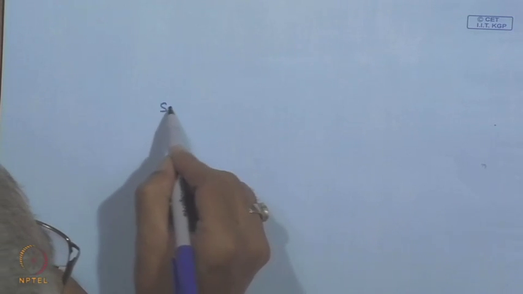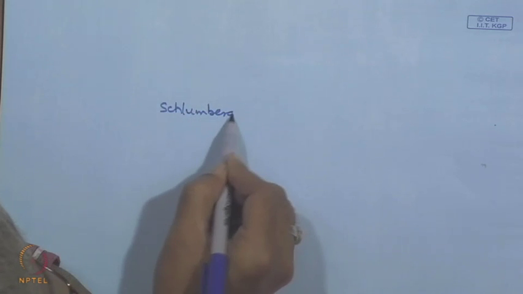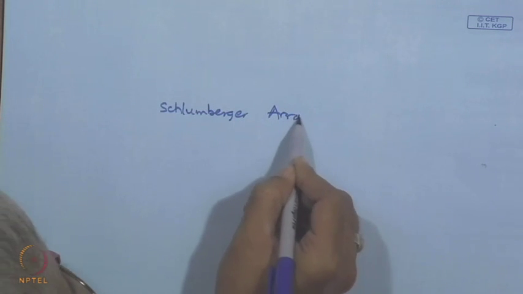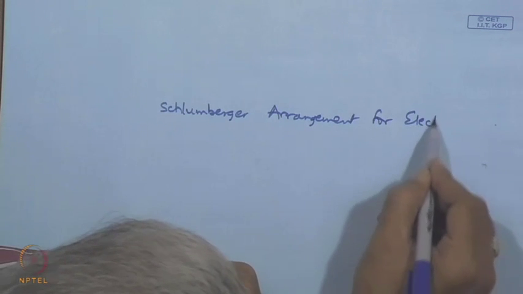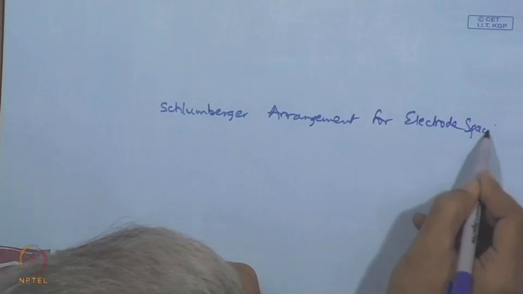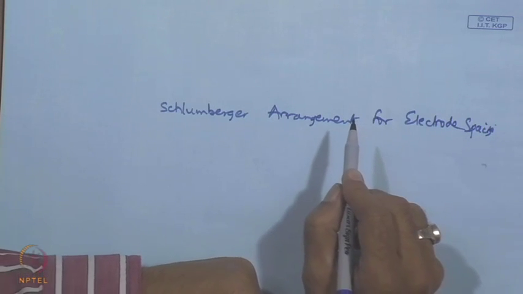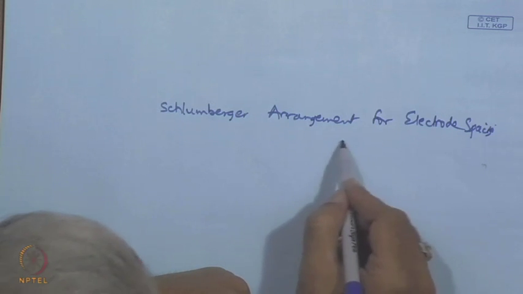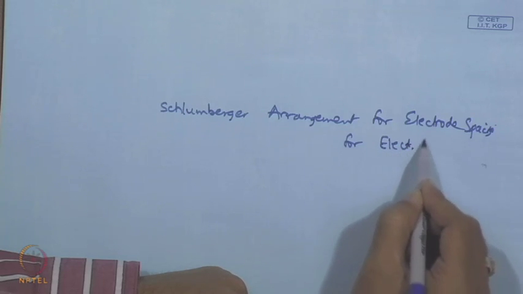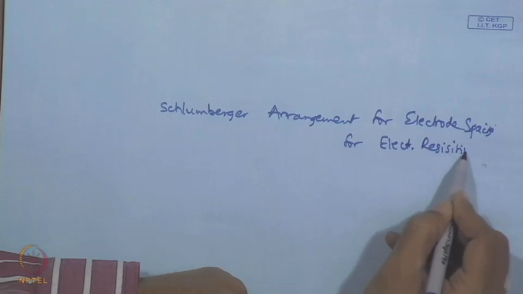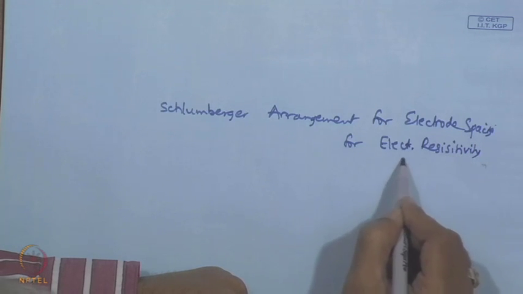So, now let us discuss the Schlumberger arrangement for electrode spacing for this electrical resistivity determination.